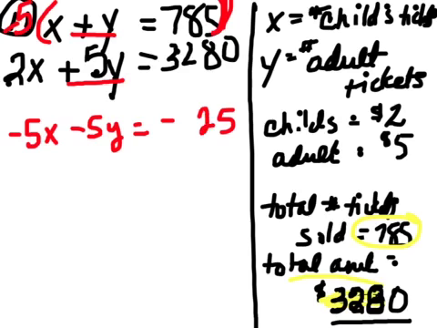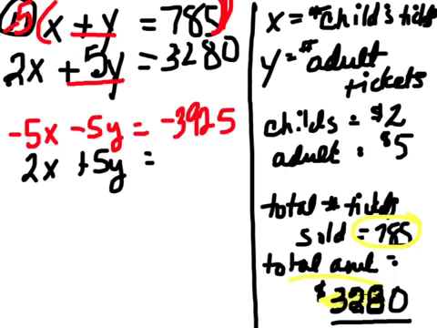Put down your 2, carry 4. 5 times 7 is 35, and 4 makes 39. Okay, so that's my first equation multiplied by negative 5, and then I'm just going to write that second equation down. 2x plus 5y is 3,280.